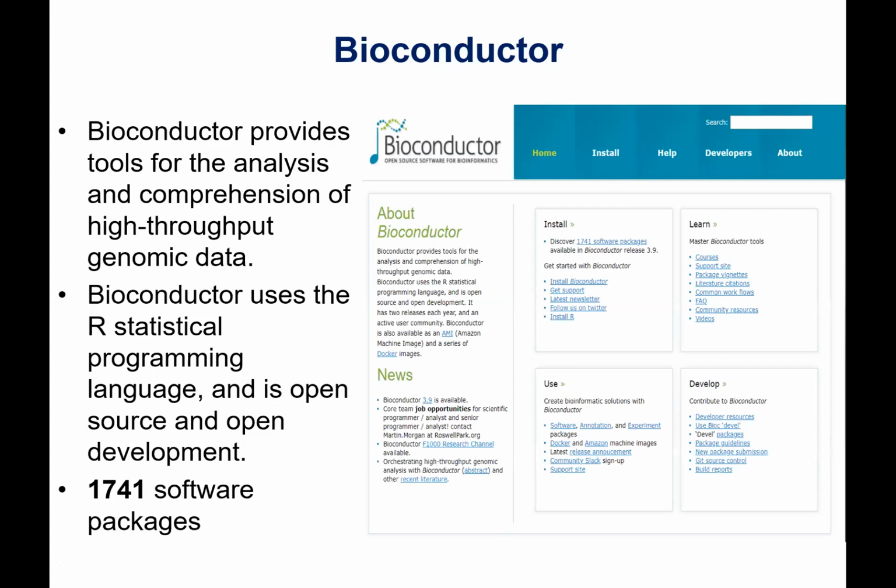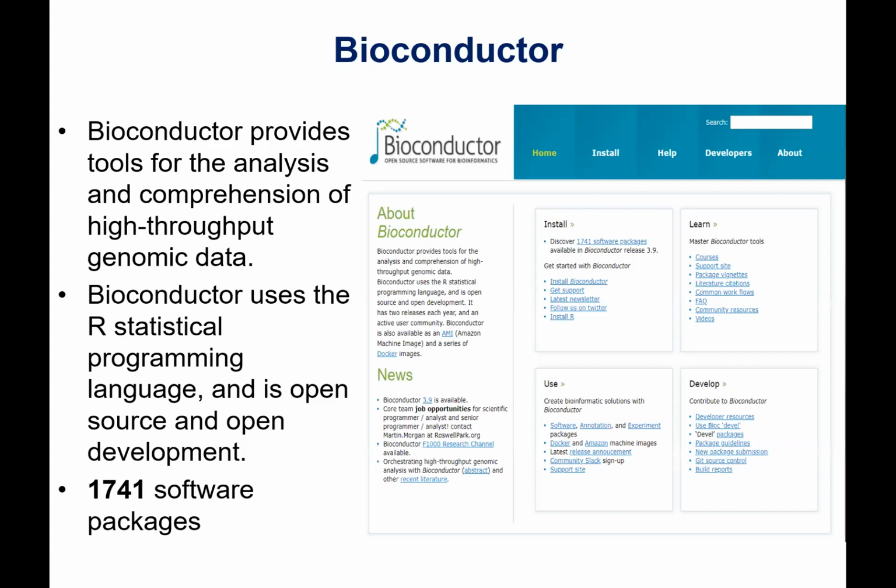There are many kinds of R packages for biological analysis. For example, Bioconductor provides tools for analyzing high-throughput genomic data, like what we just learned about next generation sequencing to sequence the genomes. Bioconductor uses R programming.